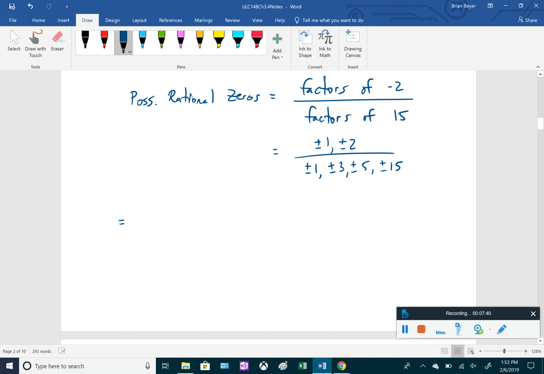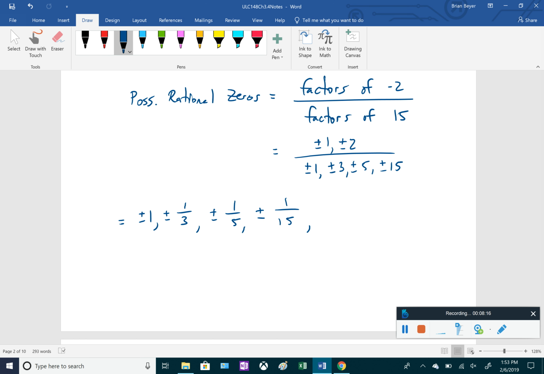Because it's not just plus or minus 1 in the denominator, we have to come up with every possible combination. So for the numerator, that plus or minus 1, I'm going to give it every single one of those denominators. So plus or minus 1 over plus or minus 1 is just plus or minus 1. And then plus or minus 1 over plus or minus 3 is plus or minus 1 over 3. 1 over 5, we get plus or minus 1 over 5. 1 over 15, plus or minus 1 over 15.